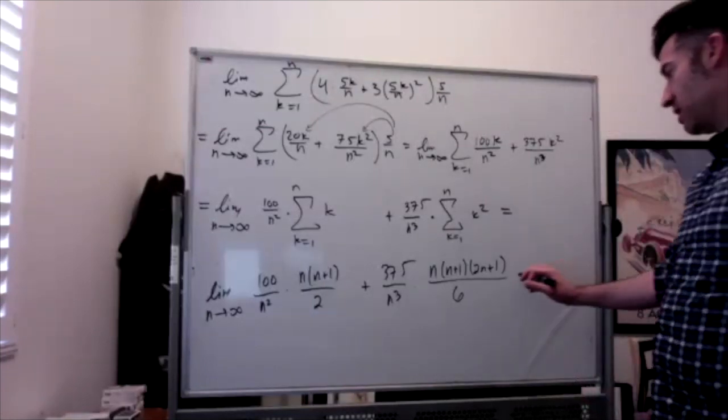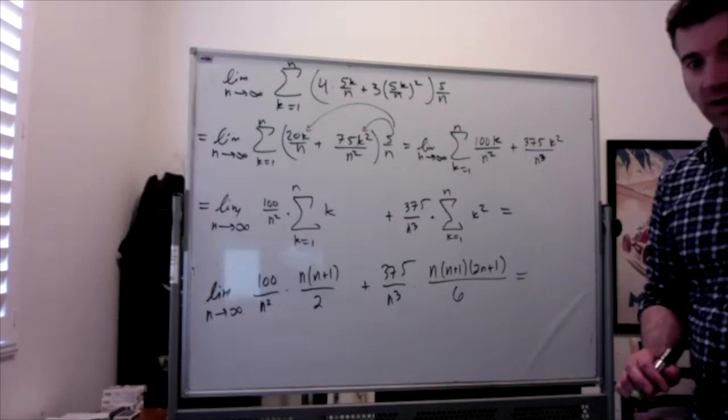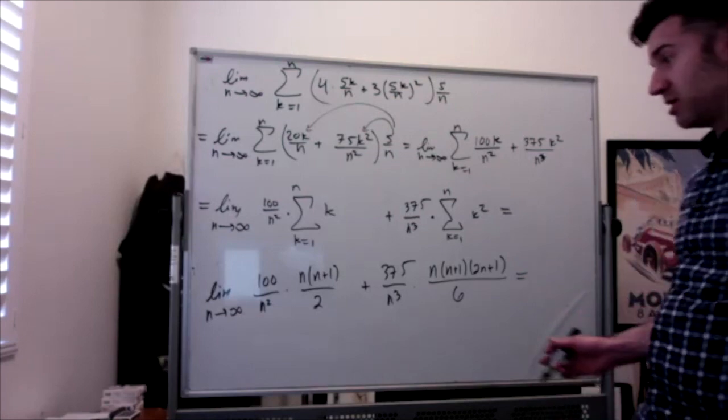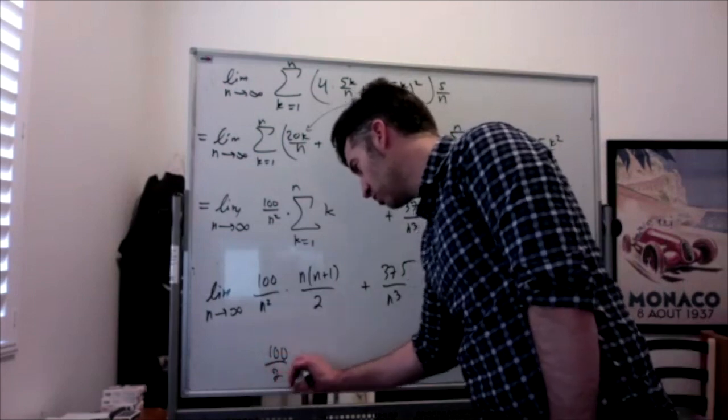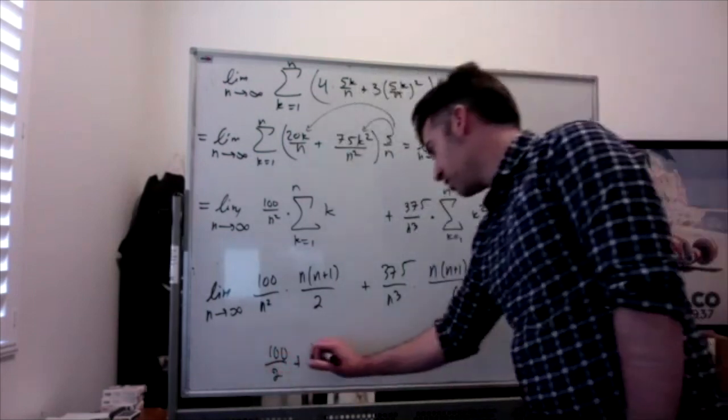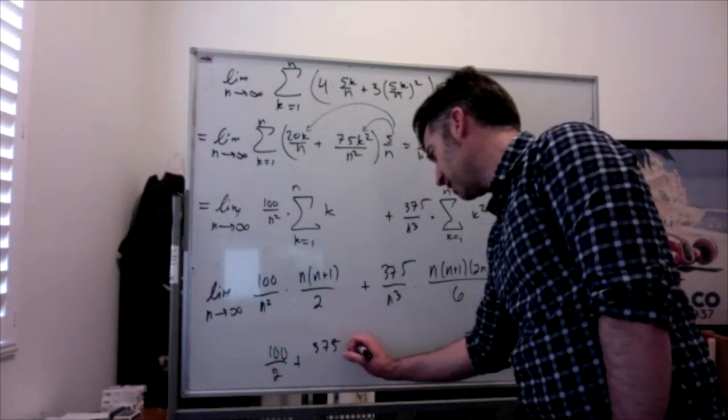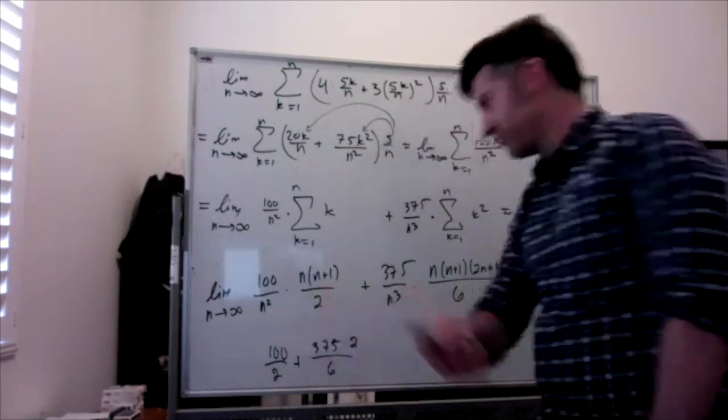All right, so now we're going to take the limit of this. Okay, I'm going to tell you real quickly, here's what the limit is. The limit is 100 divided by 2 plus 375 times 2 over 6.